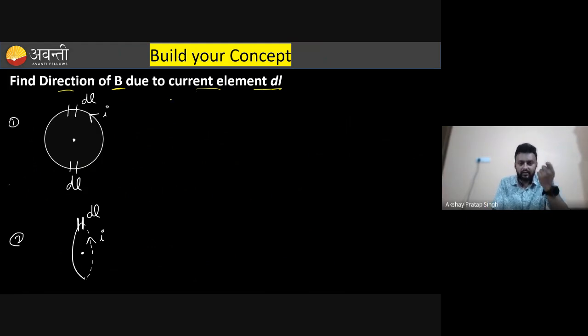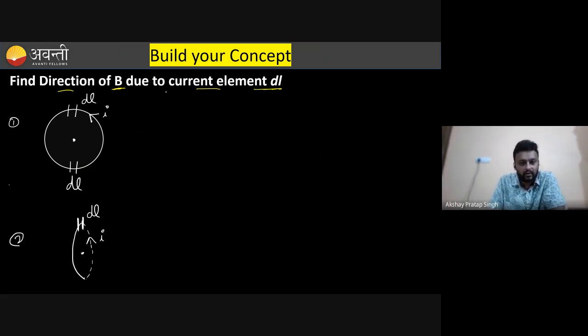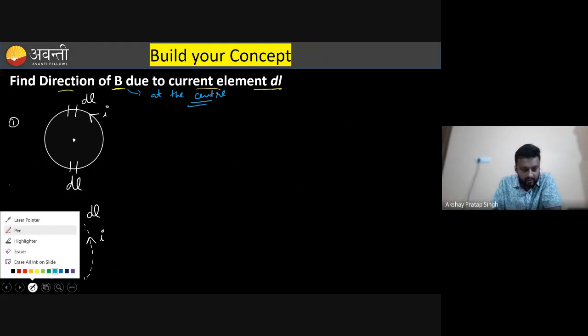Take them one by one. I am explaining one part. This is an element DL, and you want to calculate the direction of field at the center. At the center. So let's start.